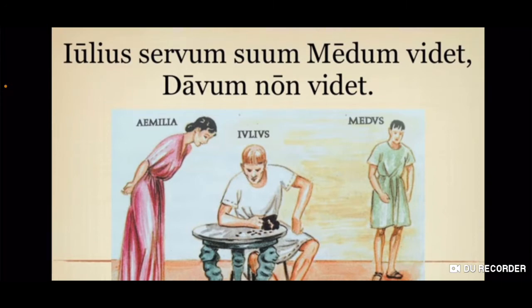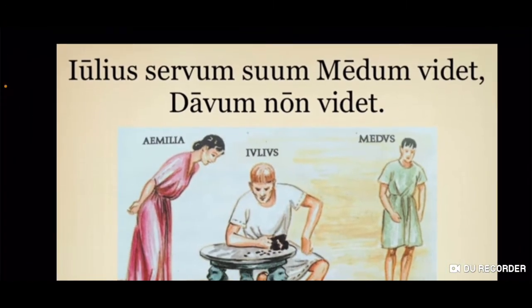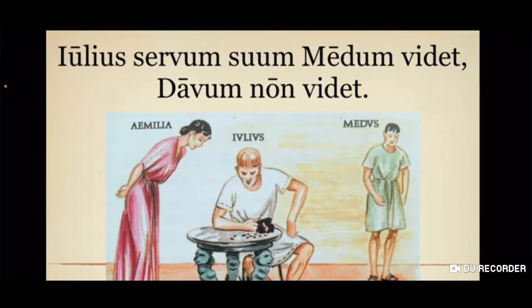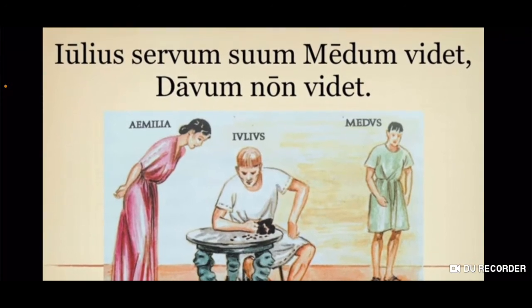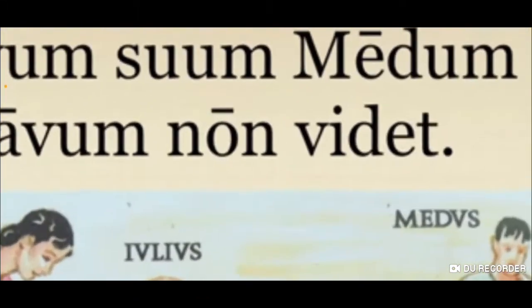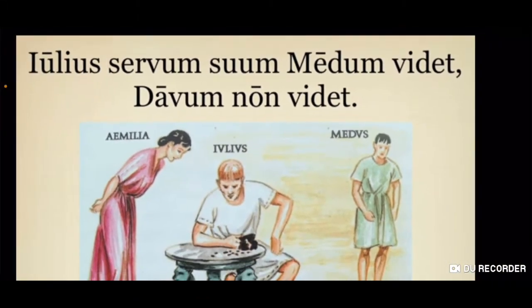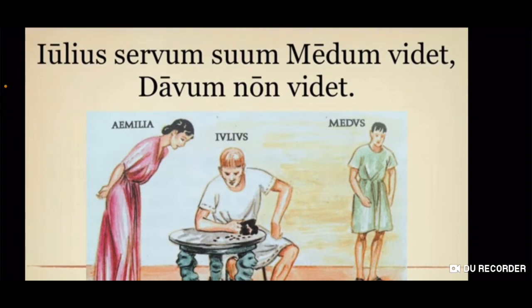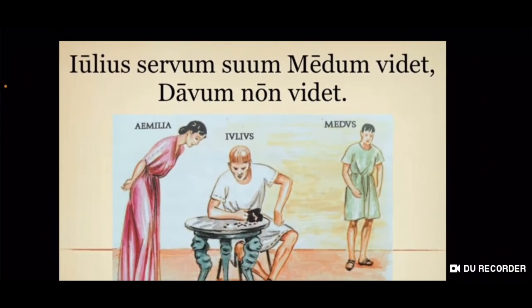And suum takes on the form of whatever is his that he's talking about in that form. When you see it, he sees his servant, so his becomes suum, because it's being acted on, just like the word servum is being acted on. Also Medum is being acted on.